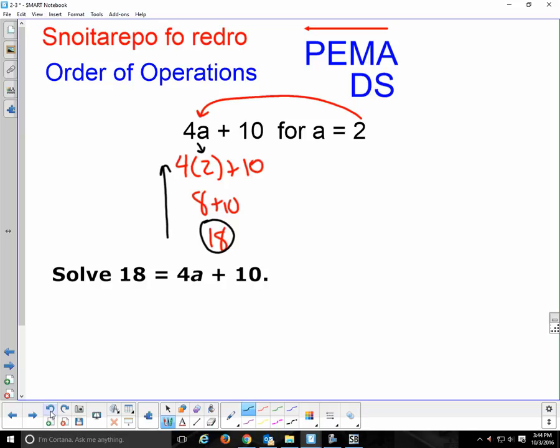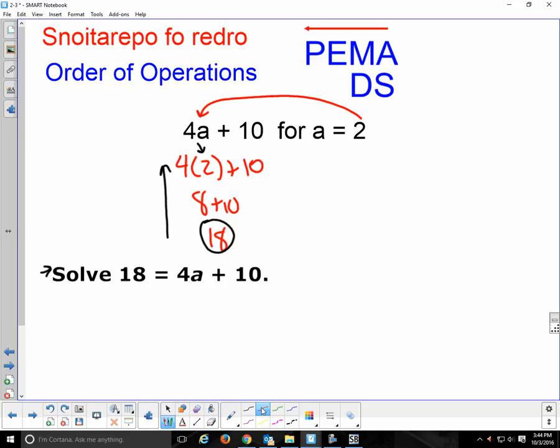Just like in the problem we did a minute ago, we went forwards through PEMDAS because we knew what a was. A was 2. So we worked through our order of operations. In this case, to solve this problem, we're going to work backwards. It is important that we follow an order of operations, that we do certain things first. It's going to make your life so much easier.